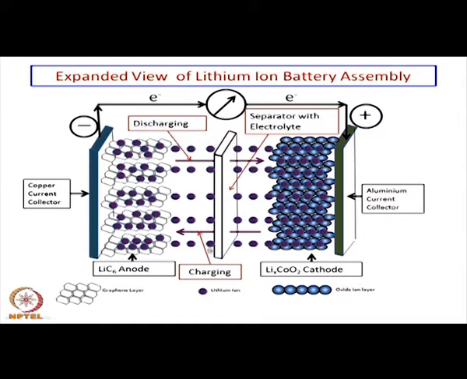The separator is a porous separator, basically an organic felt kind of material, and that is soaked in the liquid electrolyte, and that is how the electrolyte is there. The expansion is not separated out, actually it is compact. There is hardly any space between these. We will see how exactly it is fabricated, but it has been expanded for clarification.